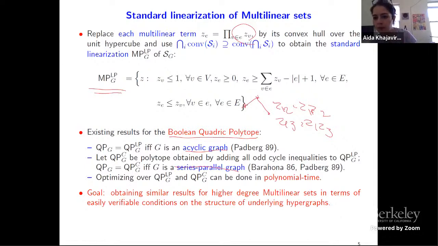Those inequalities can be used to improve the lower bounds inside any, let's say, MIP solver or binary polynomial optimization solver. It's true that for general graphs they are not enough to give you the convex hull, but if you just add them, you can get better bounds.